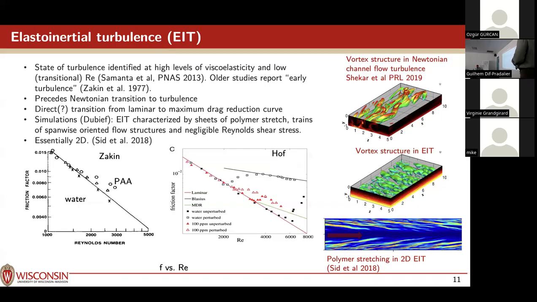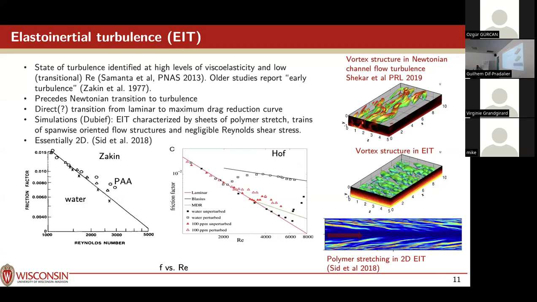But what was particularly significant was that Yves Dubief did very careful simulations and found a parameter regime where the quasi-streamwise vortices were essentially absent, and the flow was replaced by something with vortices whose cores were perpendicular to the flow direction, and with a polymer stretching structure that had a very strong sheet-like nature, which you see here.